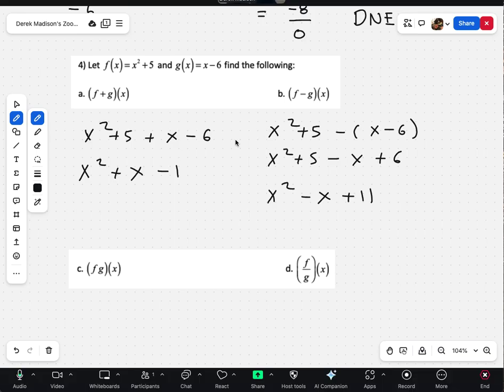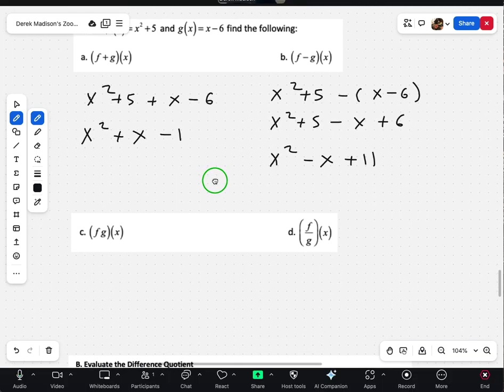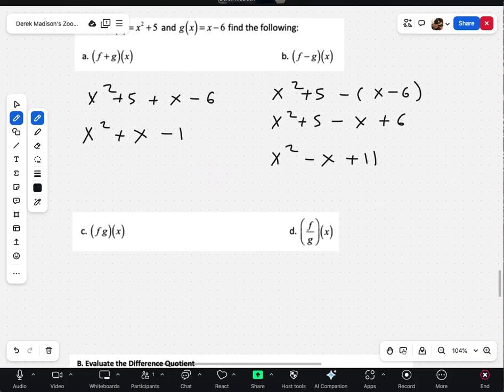f times g, so this time we do have to do the FOIL since that's what it's asking for. So that's going to look like x squared plus 5 and x minus 6.